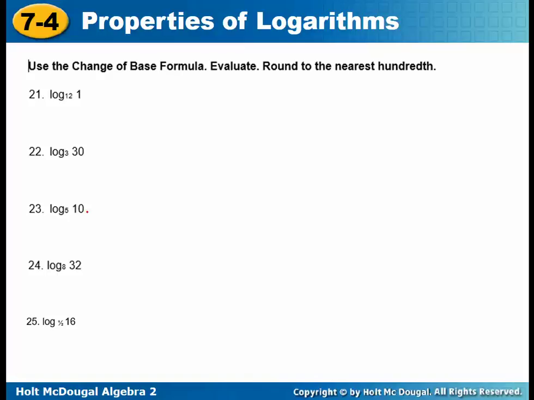Let's look at number 23. We're going to use the change of base formula to write this as the log base 10, if you want to write that you can, of 10 over the log base 10 of 5. But it's easier to just write this as log of 10 over log of 5.